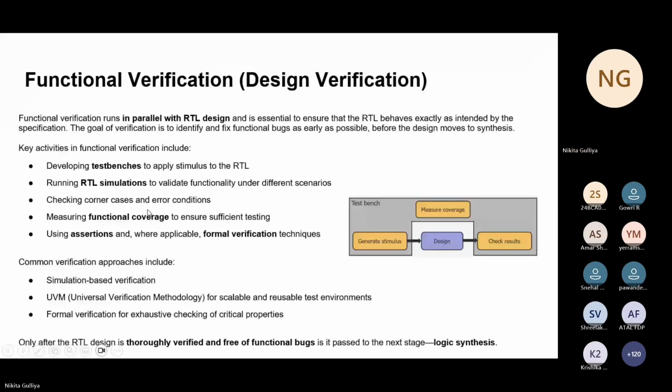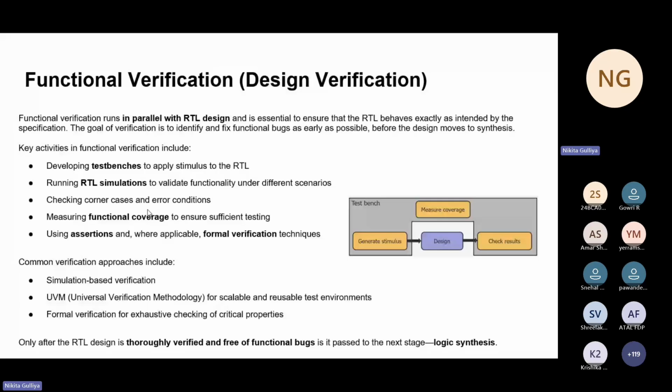The next is functional verification. Functional verification runs in parallel with the RTL design. The goal is to ensure the RTL behaves exactly as intended by the specification and to catch bugs as early as possible. This is done using test benches, RTL simulators, coverage checks, assertions, and sometimes formal verification.